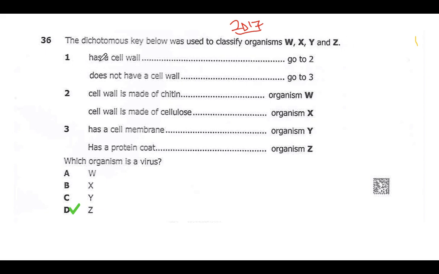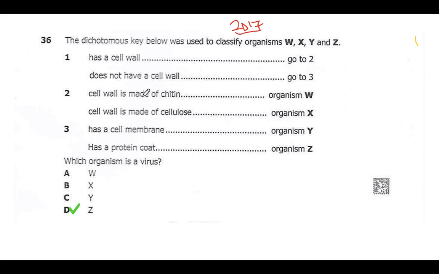Now we have the first one, has a cell wall. Which organism can have a cell wall? That organism can be a plant. Go to 2. Here is the actual choice that we have to make. And then it does not have a cell wall, we take it to 3. These pairs of choices lead to a group of organisms, a placement where we are placing the organism.